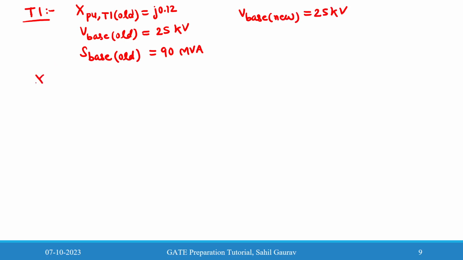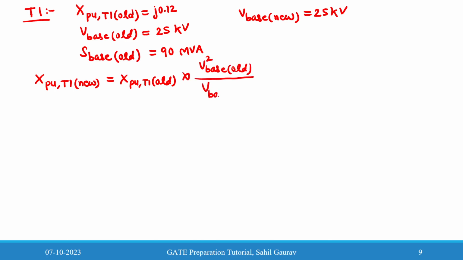So X per unit T1 new will be X per unit T1 old multiplied by V base old squared divided by V base new squared, multiplied by S base new divided by S base old.